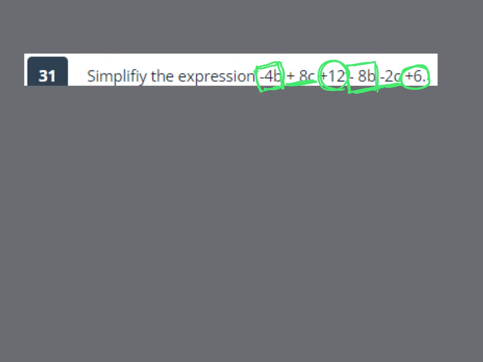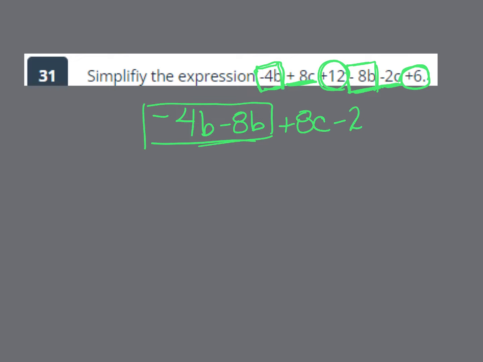Let's rearrange. Remember, always in alpha order with the constant at the end. So that means I'm going to take my B's first. Negative 4B minus 8B. In a box, plus 8C minus 2C.